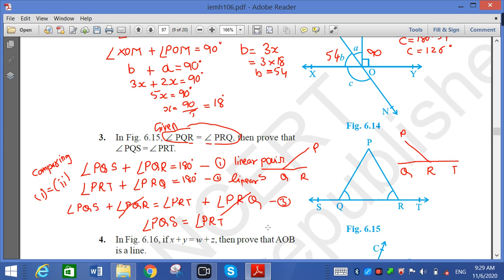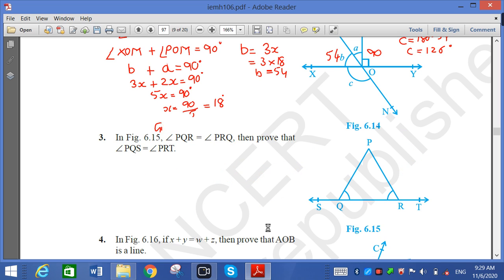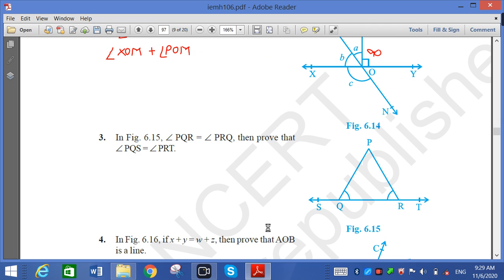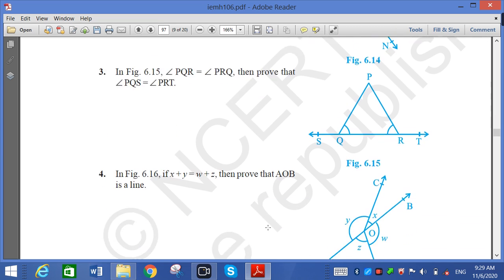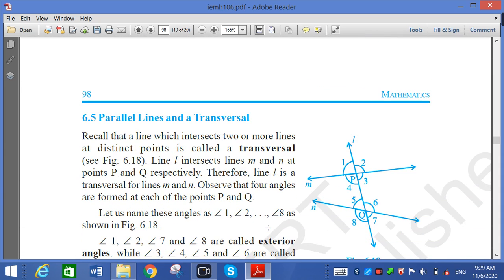That I have already cleared. So this is sufficient for the first. I think it is the second lecture, and in the next lecture we go through one new exercise before we start parallel lines and transversal line.